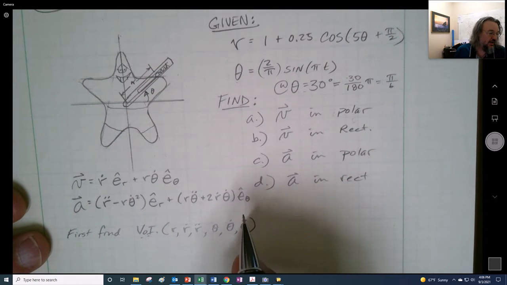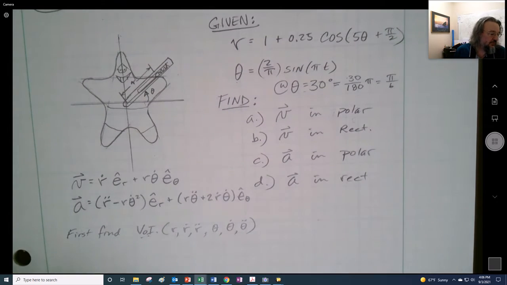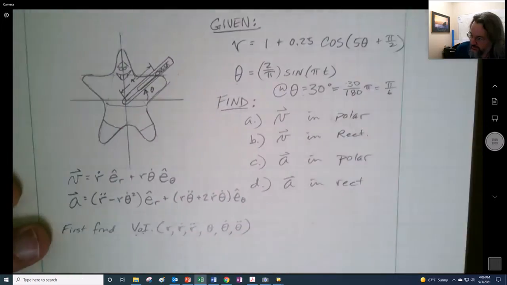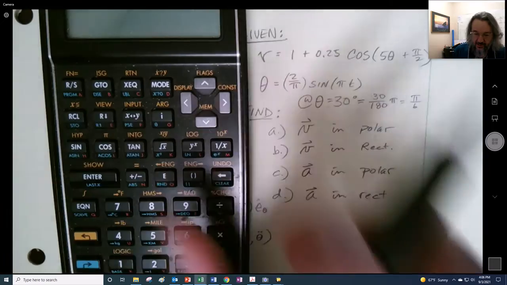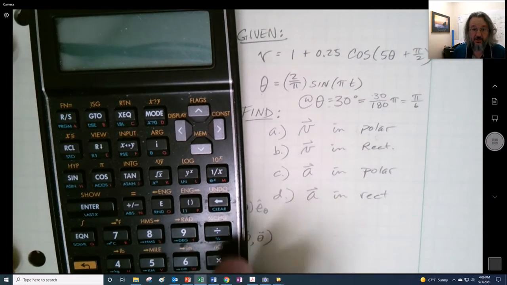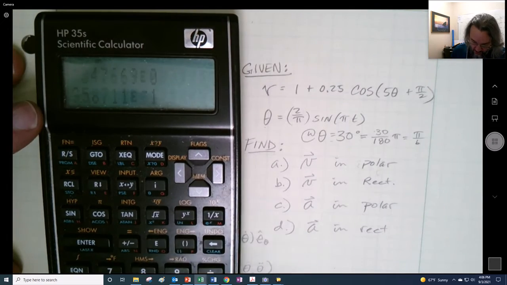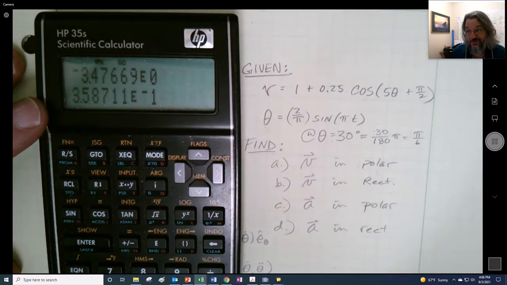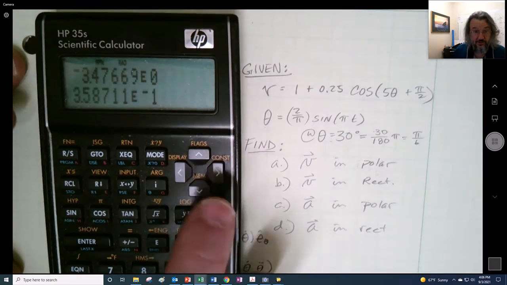The first thing that I'll do, one thing I want to do is make sure my calculator, here's my handy dandy calculator, is in radians. Got to remember to turn it back when we use it later, right?